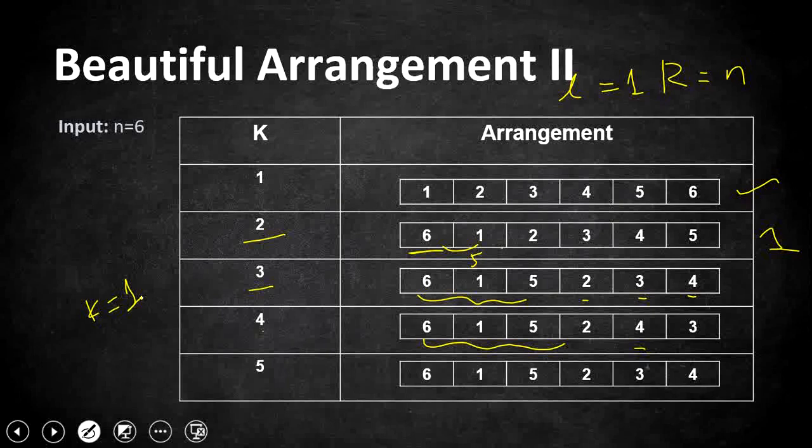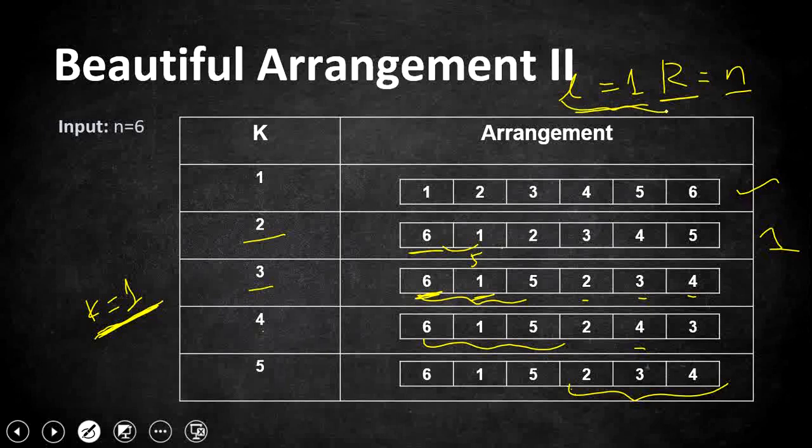That is, in even positions we put right, starting from right, and in odd positions we put left, incrementing and decrementing them every time as we move. When we reach k is equal to 1, the rest of the numbers are going to be left plus plus. Simply, when we reach k is equal to 1, we put the numbers in sequential order.